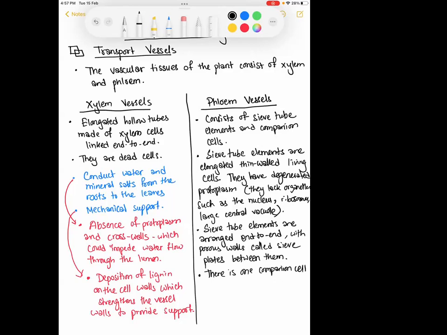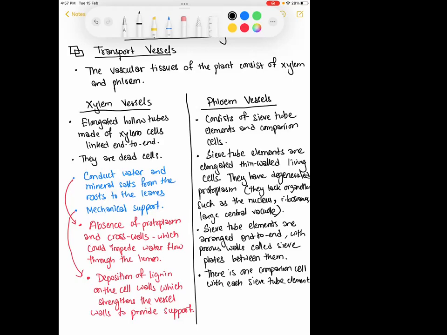There is one companion cell with each sieve tube element. These companion cells, they do have nucleus, cytoplasm, numerous mitochondria, and are basically, they have everything that a normal cell has.